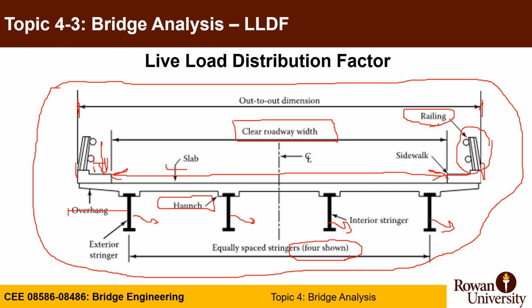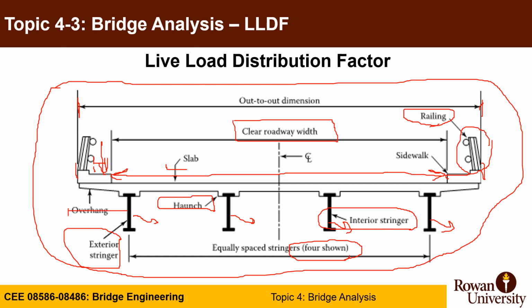But here, what you typically have, you will have two types of girders. One is exterior girders and one is interior girders. And during your homework number 3, you were clearly able to calculate the dead loads for exterior girders and interior girders.